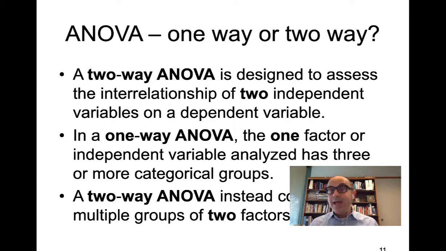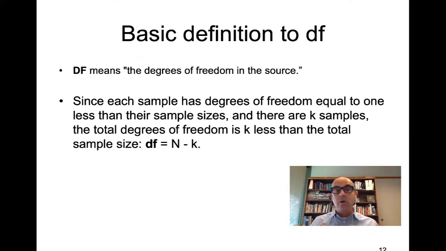In one-way ANOVA, the one factor or independent variable analyzed has three or more categorical groups, and that's the aim of one-way ANOVA. In a two-way ANOVA, we compare multiple groups of two factors. Okay, back to our definitions.